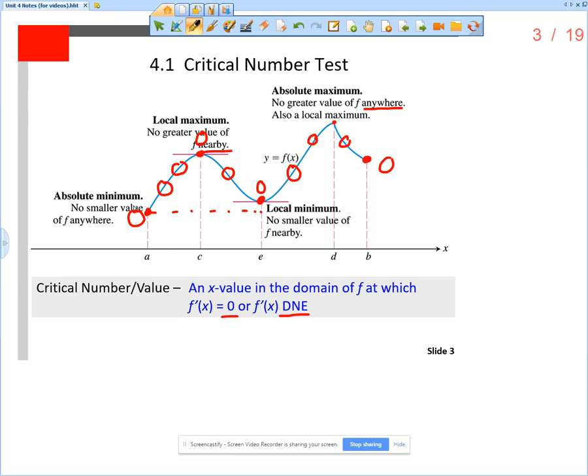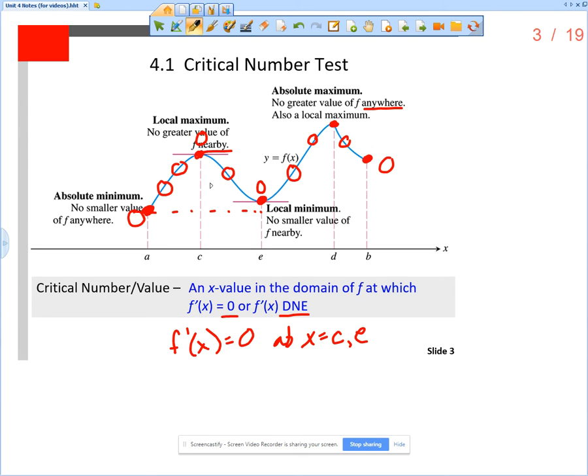So let's look at this picture up here. What would the critical numbers be? Well, critical numbers at A, at C, at E, at D, and at B. Why are those all the critical numbers? Where does f prime of x equal 0? That would be at x equals C and E. Everyone agree with that, right?